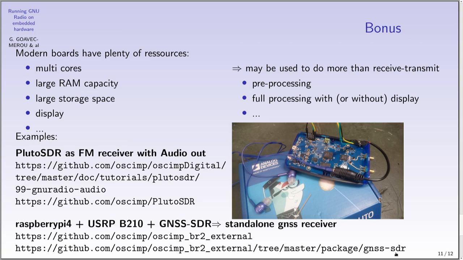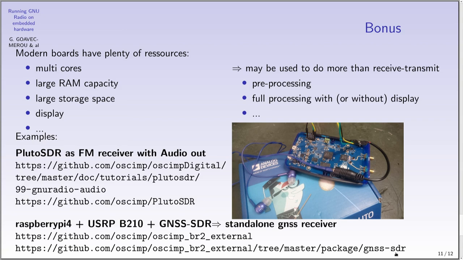The host computer is finally only required to start the application and to configure the center frequency, and that's all. The demonstration is explained in the OSCIM digital repository in the subdirectory tutorial Pluto SDR, etc. And the corresponding BR2 external is available, again on the GitHub OSCIM.